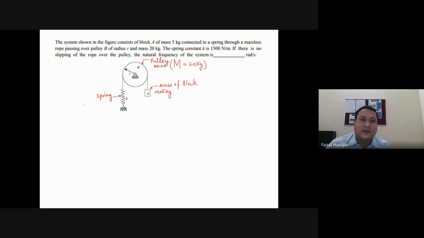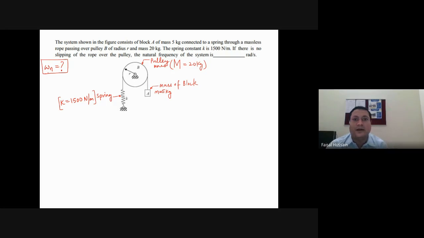Then the spring constant, this is your spring. So stiffness is given, stiffness is 1500 Newton per meter. And we have to determine what? We have to determine the frequency, in radian per second. So we have to determine the frequency of the system in radian per second.